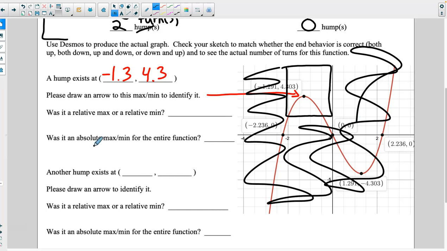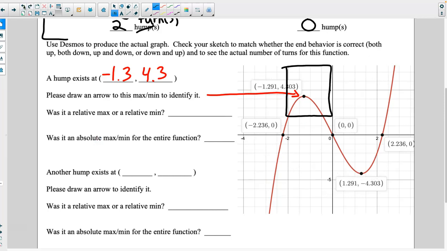That has to be for everything. Relative means just in that little tiny window. You can also call it a local max or min. So I'm going to get rid of all of that extra stuff that I put there. But it is going to be a relative max. So was it an absolute max or min? No.